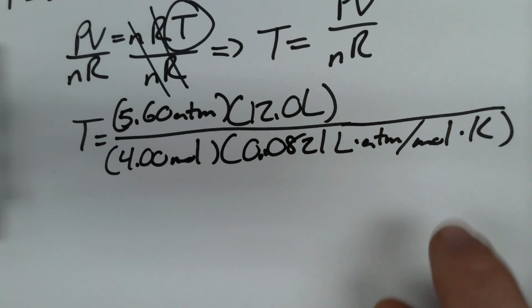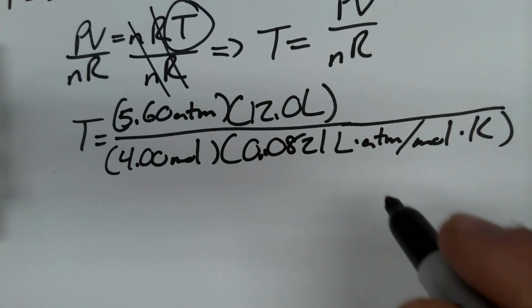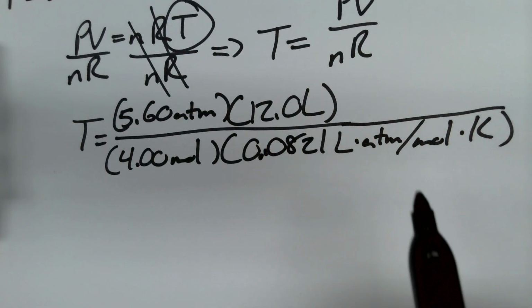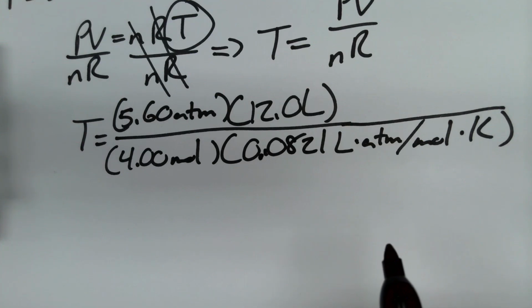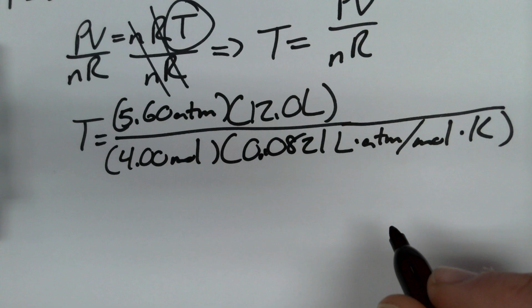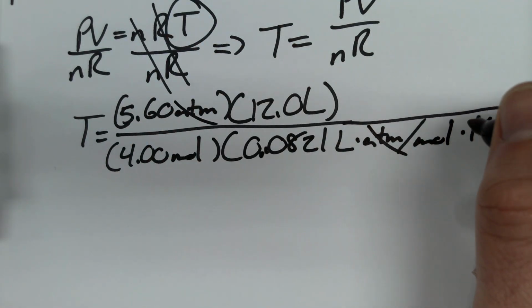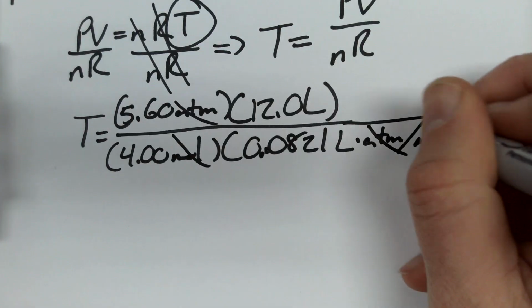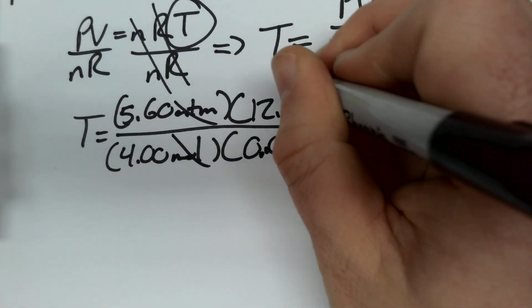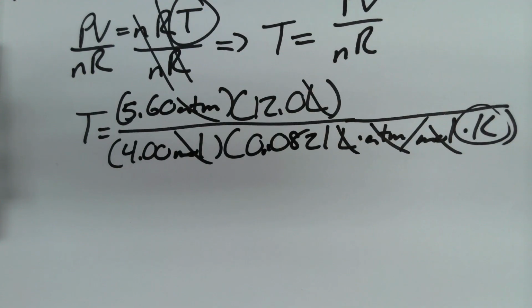It's important I'm not just plugging in the number for my R value. My R value holds all these scientific units. So here I see my atmospheres are getting crossed out, my moles are getting crossed out, my liters are getting crossed out, leaving my final answer in Kelvin.